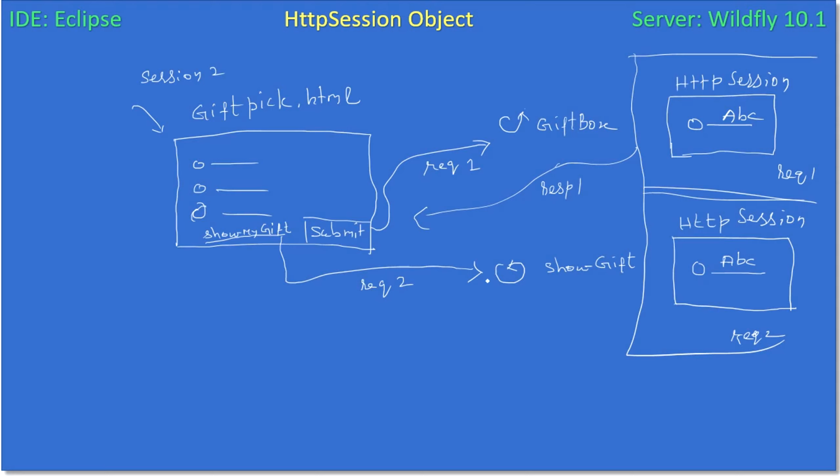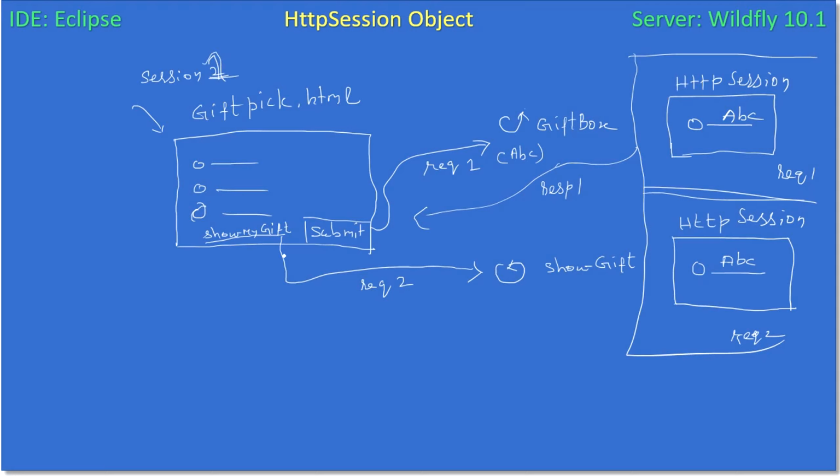So here as part of the request, the user may be sending that my selection of gift is ABC, so that gets stored, but request 2 doesn't have that information. But since it got stored in an HTTP session and the user is doing the second request on the same session, let's consider session 1.